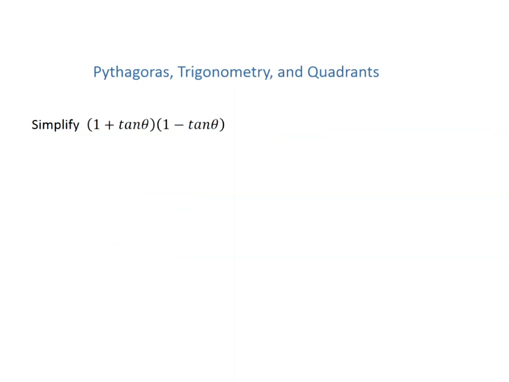All right, one more. So here we have what looks like two binomials, right? So I'm going to multiply them the same way I would multiply two binomials. I'm going to FOIL. So that means first, and then outer, and then inner, and then last.